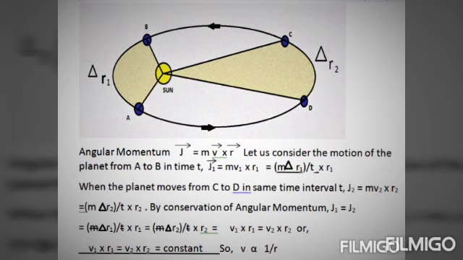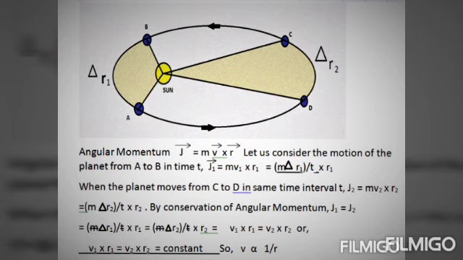When the planet moves from C to D in the same time interval t, then J2 will become m v2 cross r2, and similarly we break that to m delta r2 vector by t cross r2 vector. By conservation of angular momentum, J1 is equal to J2, as both are over the time interval t.